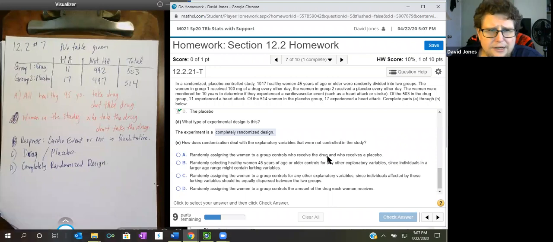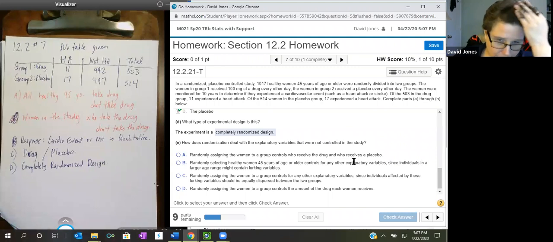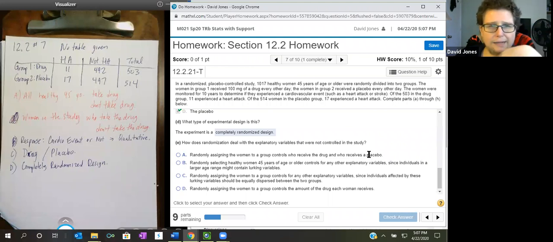How does randomization deal with the explanatory variables that were not controlled in the study? Well, like maybe what they eat, how much they exercise. We don't know those possible reasons for having a heart attack. So by randomly assigning them to drug or placebo, there's some of each group with bad eating habits, bad exercise habits. There's some in both groups, and it's random.